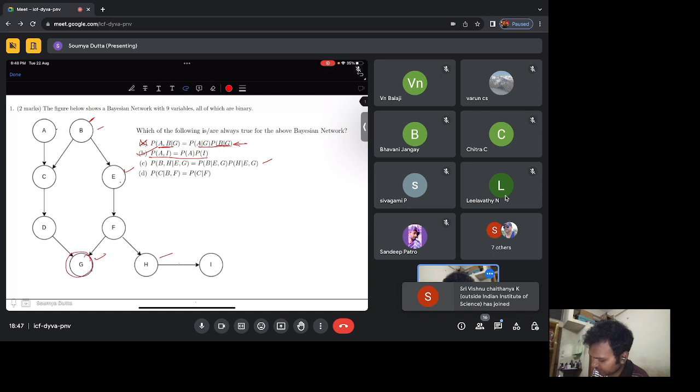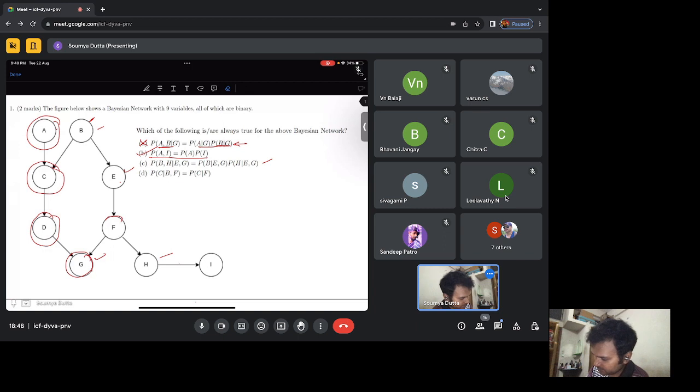The value of G will depend on D. It will also depend on C, and C will also depend on A. So B and H will again start depending on B. You can see that B and H cannot be independent of each other, because whatever values B takes will start affecting F, and once F gets affected, H also will get affected. Therefore B and H cannot be independent of each other, and so this also is not true.